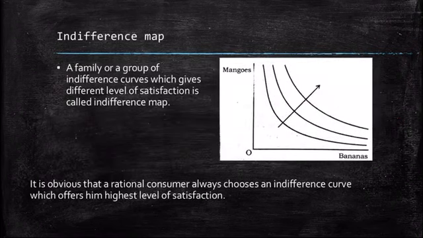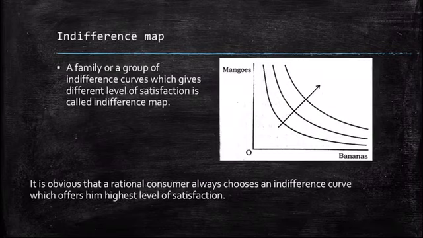A consumer's likes and preferences over a bundle keep on changing based on the level of satisfaction he derives from it. Whenever he is getting a higher level of satisfaction, it's quite obvious that he moves to the bundle which is offering him the highest level of satisfaction.